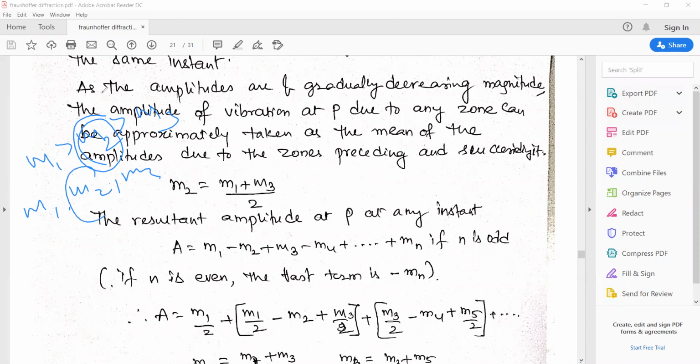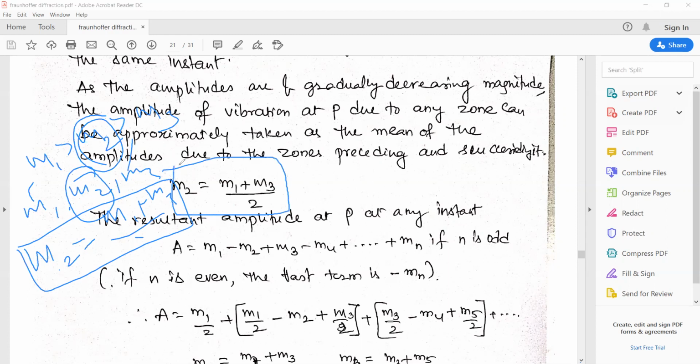How do you find M2? M2 is the average of the other two numbers, M1 plus M3 by 2. So this is the arithmetic progression condition. The middle value will be the mean of the amplitudes due to the preceding and succeeding zones. So M2 can be written as M1 plus M3 by 2 since they are following arithmetic progression.